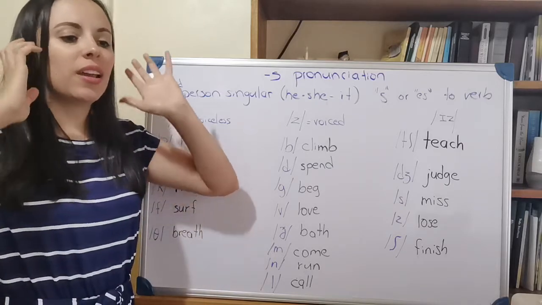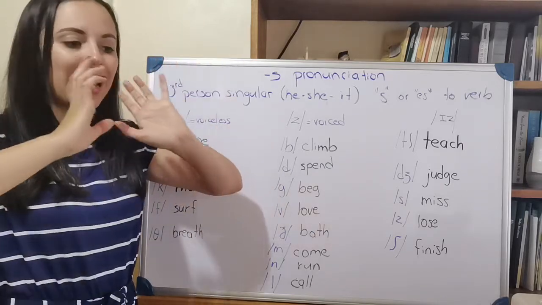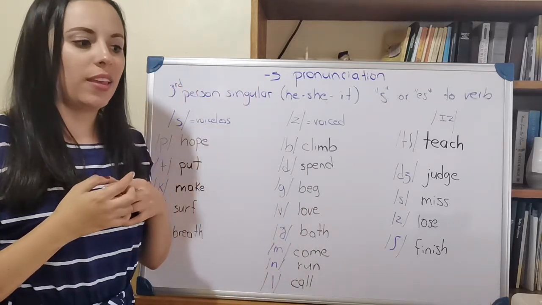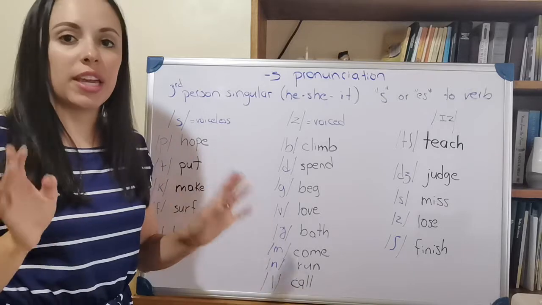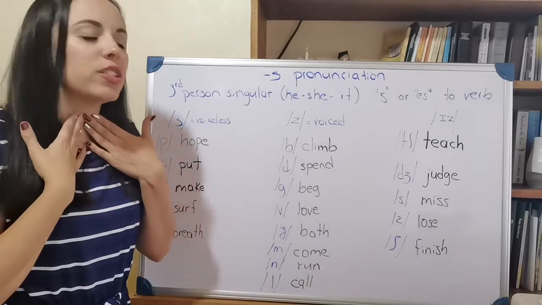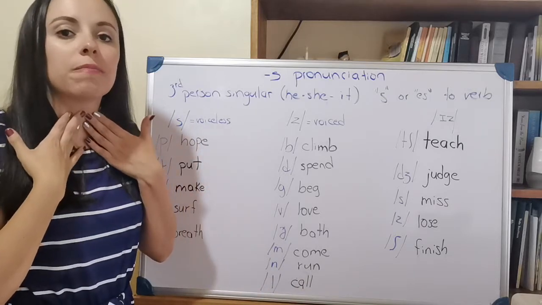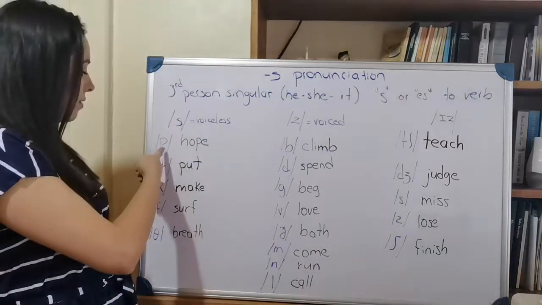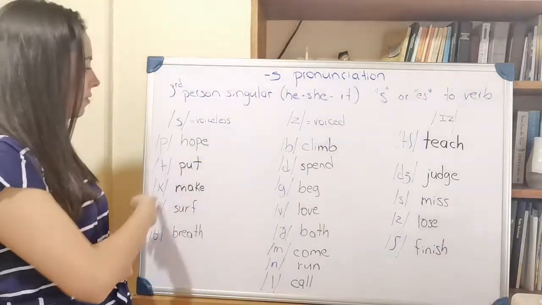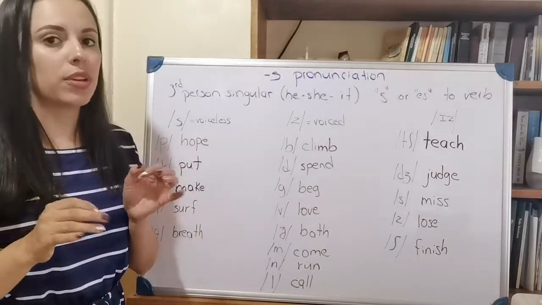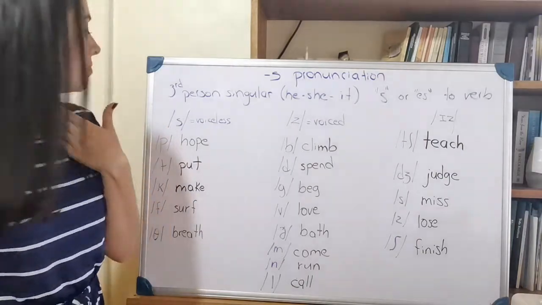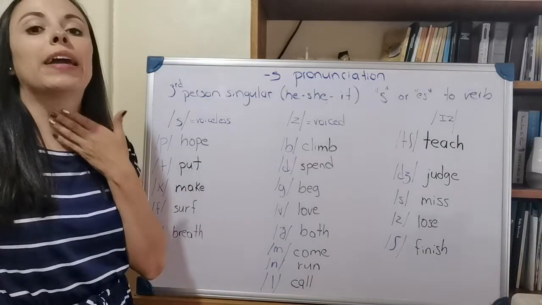Because the air goes out through the articulators, and there's no obstruction of the air. So there's no vibration in your vocal cords. You can produce each of these sounds that you have here, only the sound, without a vowel, and you will not hear any vibration.